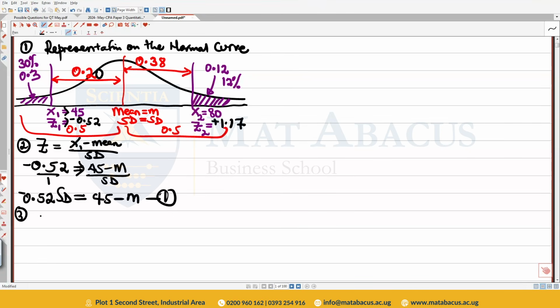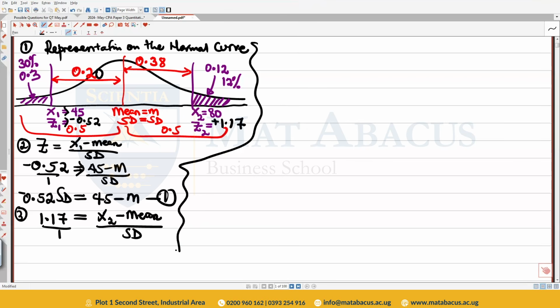So we shall have a Z which is 1.17 being equal to x2 minus the mean divided by standard deviation. And when we cross multiply, what does it bring us? It brings us 1.17 SD is equal to x2 minus the mean.